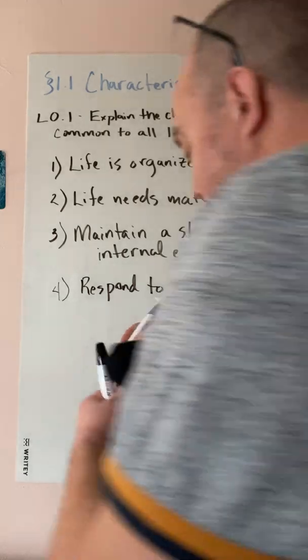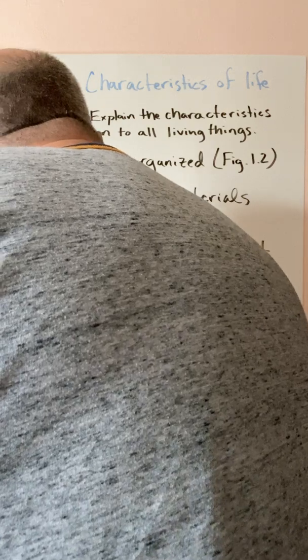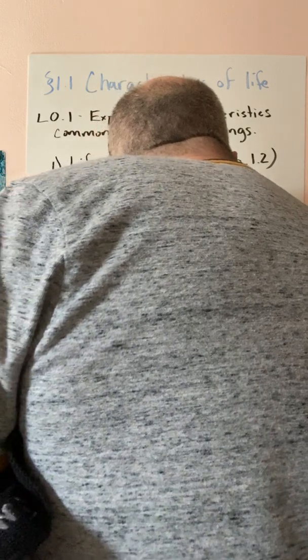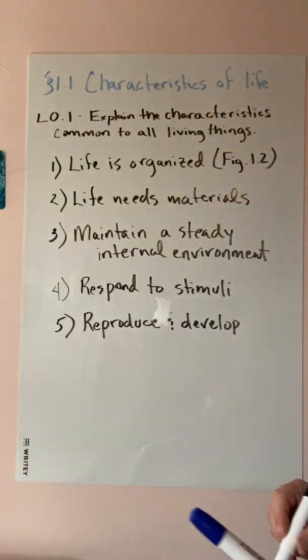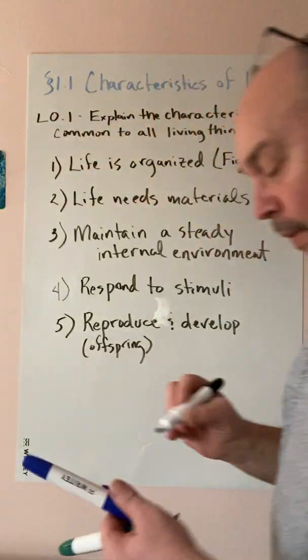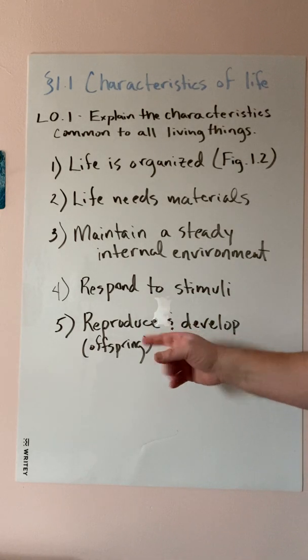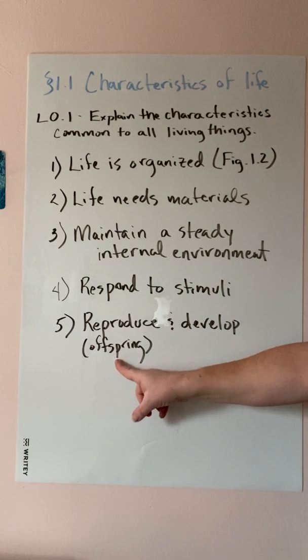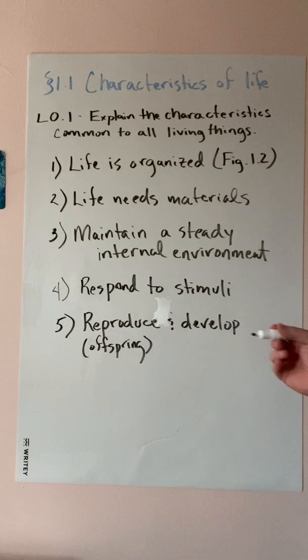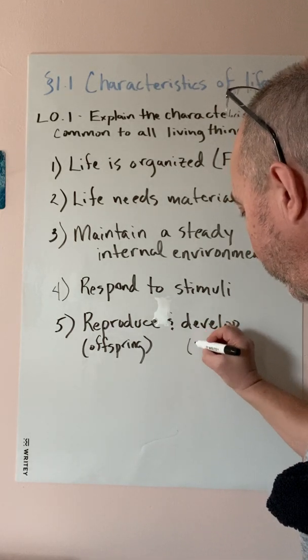Another one, all living things reproduce and develop. So reproduce means you create offspring, a new generation. So organisms need to be able to pass on their genetic information from one generation to the next. So being able to reproduce means that you create offspring. Develop means that you change over time.